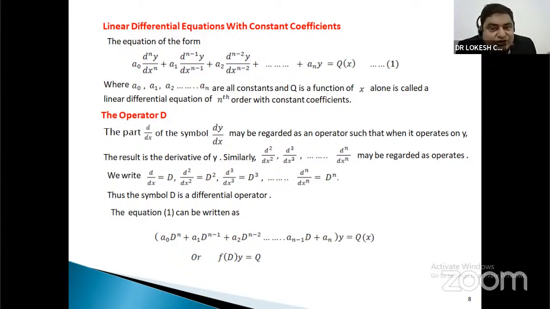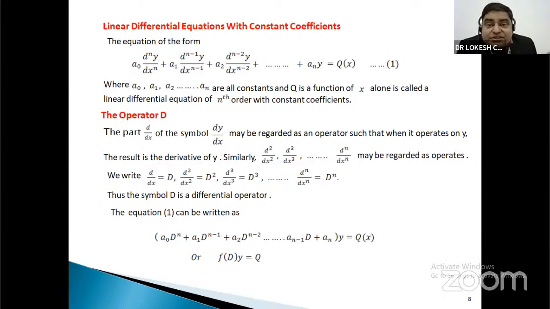Now, constant coefficient means that all the coefficients present here, a0, a1, a2 up to an, are constants, and on the right hand side, where q(x) is written, q must be a function of x alone or q may be a constant. Then we say it is an nth order linear differential equation with constant coefficients.